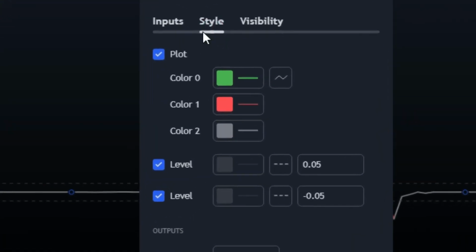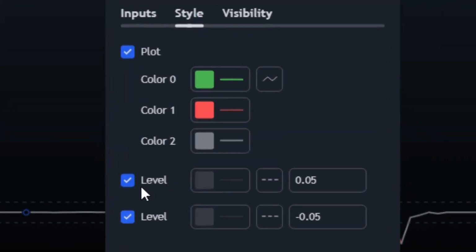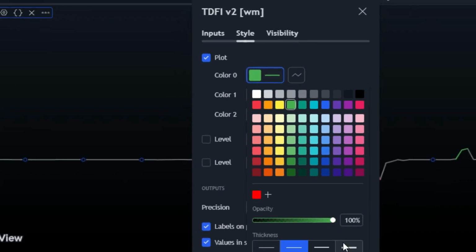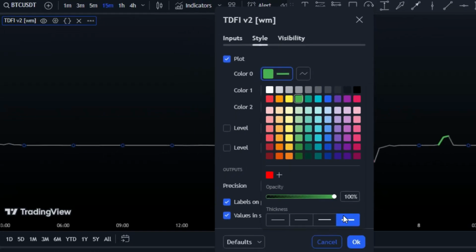Once the input settings are updated, click the Style tab. In this section, disable all level options and make the plot option more visible for easier interpretation.